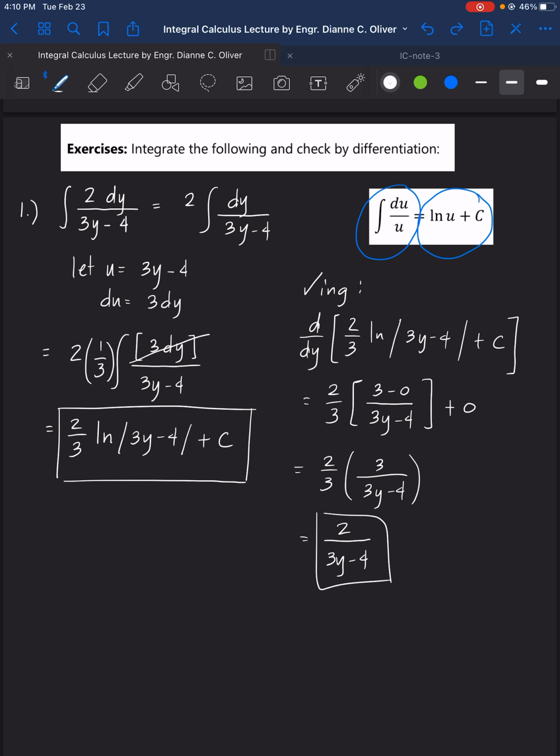Now, what have we learned from the example number 1? Again, we need to take note. For us to use the logarithmic function, the power of the denominator should not be greater than 1.